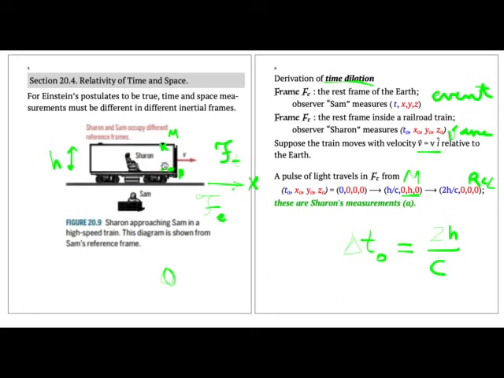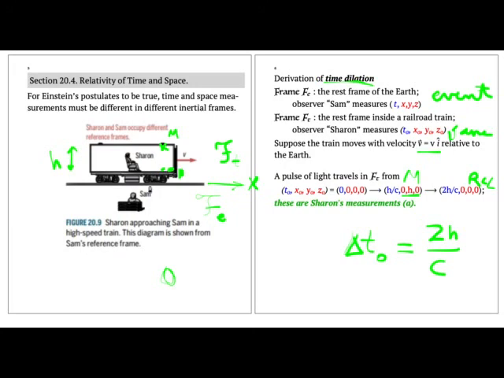All right, so we'll consider these two events. The first event is when the flash of light occurs. The second event is when the electronic eye makes a signal that it's received the pulse of light. Sharon will have that measured time difference between the two events. These are two events occurring at the same point.